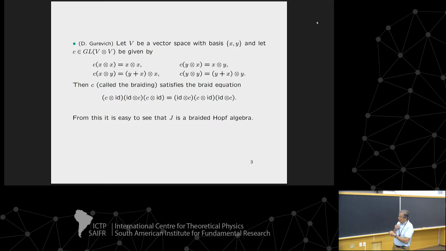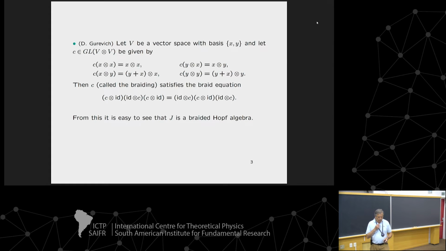So this is equivalent to the quantum Yang-Baxter equation, and this is the reason why quantum groups entered into the picture. And Gurevich observed in the 80s also that if you take a vector space V with the basis x, y, and you define a braiding in the basis by these rules, then this is a solution of the braid equation.